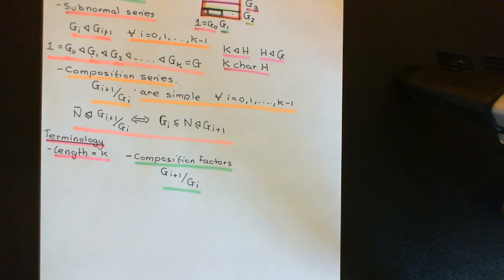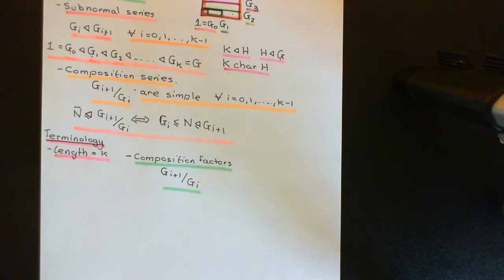And we will also see that even though a composition series is not unique for a finite group, the composition factors in any two composition series that you build will always be the same, so that there is a list of composition factors for a certain group that characterizes that group.